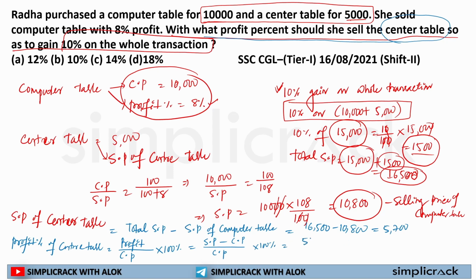Here selling price is 5,700 minus cost price of the table is 5,000 divided by the cost price 5,000 into 100%. 5,700 minus 5,000 is 700 divided by 5,000 multiplied by 100%. So 0 will cross out, and if I divide 70 by 5, I will get 14% as my answer.